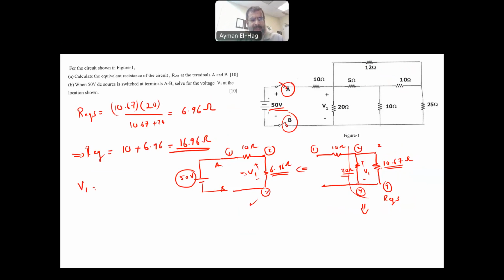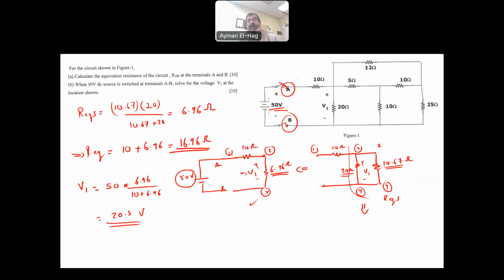V1 is equal to the main voltage, which is 50, times the resistance across which I want to find the voltage. So I have two resistors in series here. So I am interested in the 6.96 divided by the summation of these two resistors, 10 plus 6.96. And if you do that, you will find that the voltage is equal to 20.5 volt.